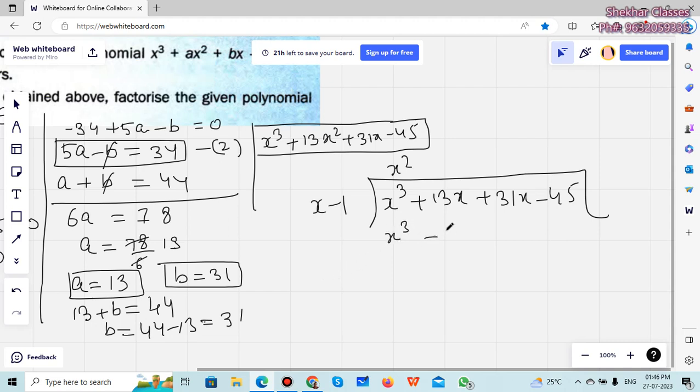And minus x square. It was 13x square. So it will become x square. This will become minus, this will become plus, and get cancelled. So 13 and plus 1, 14x square plus 31x minus 45.